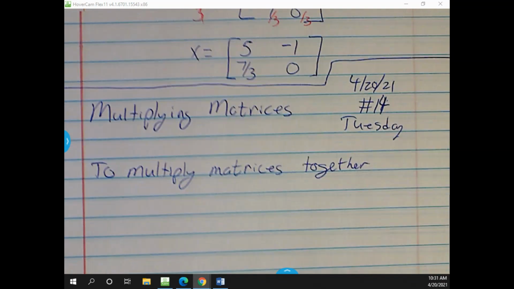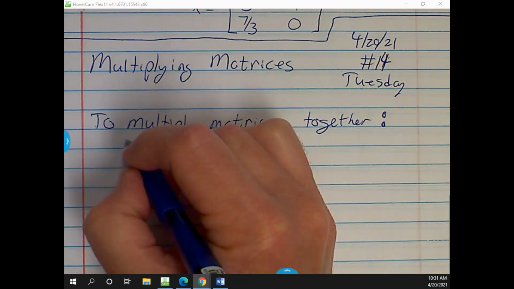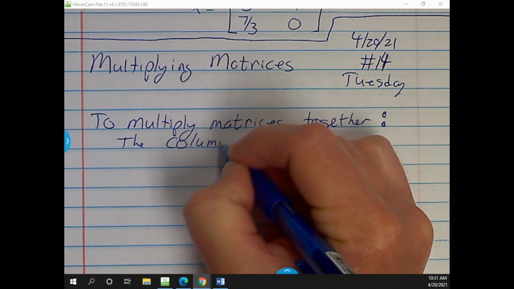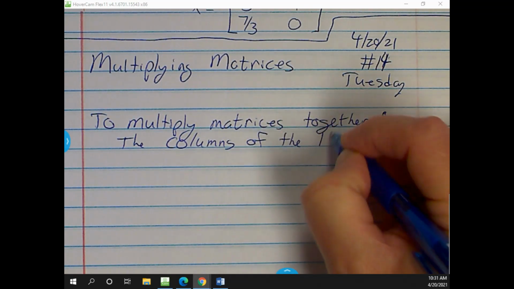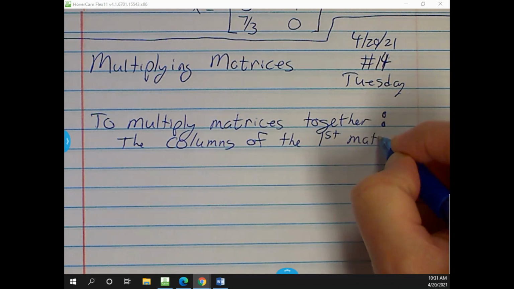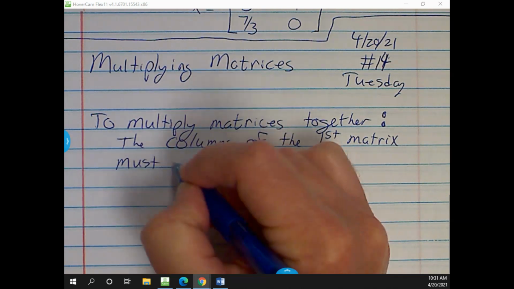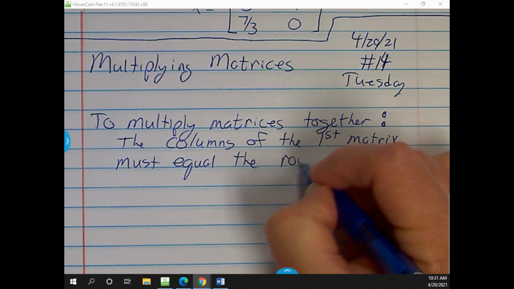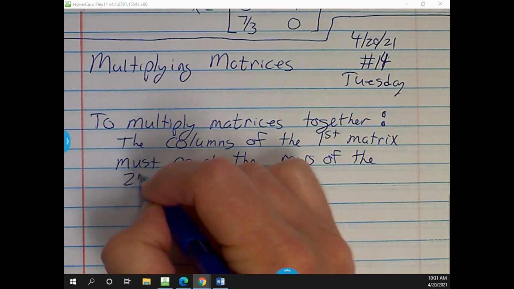To multiply matrices together, the columns of the first matrix must equal the rows of the second matrix.